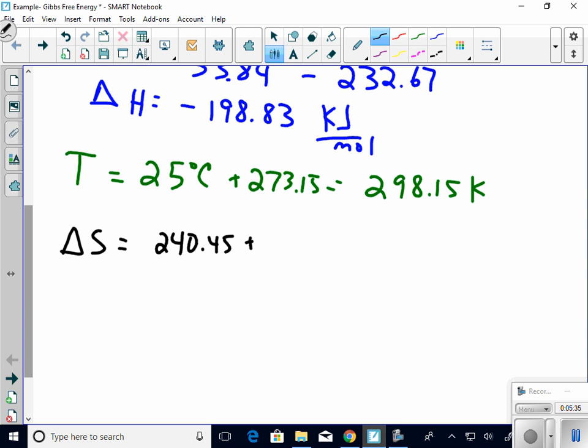O2, my entropy of O2 is 205. My entropy of NO as a gas, 210.62. And ozone as a gas is 237.6.